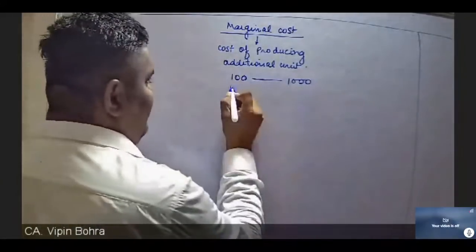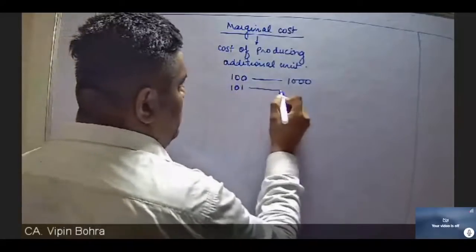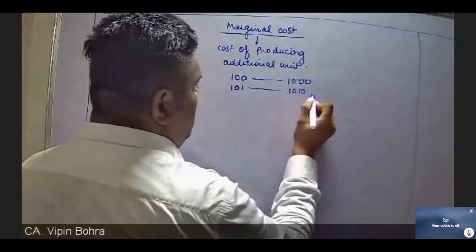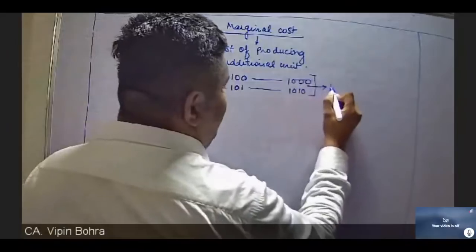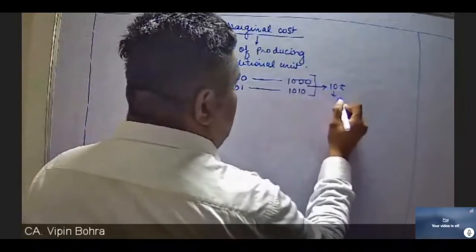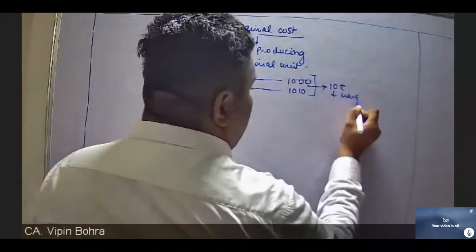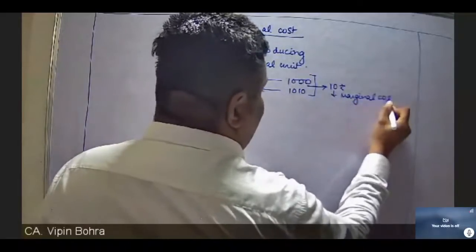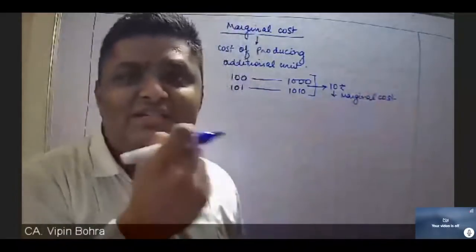Now if I produce 101 units, the cost is say 1010. Here rupees 10 is the marginal cost, that is, the cost of producing one additional unit.